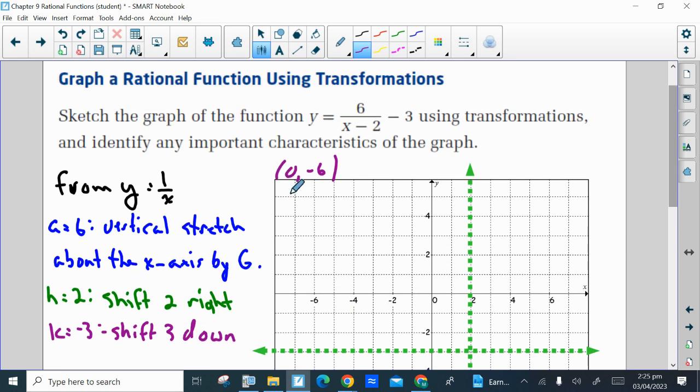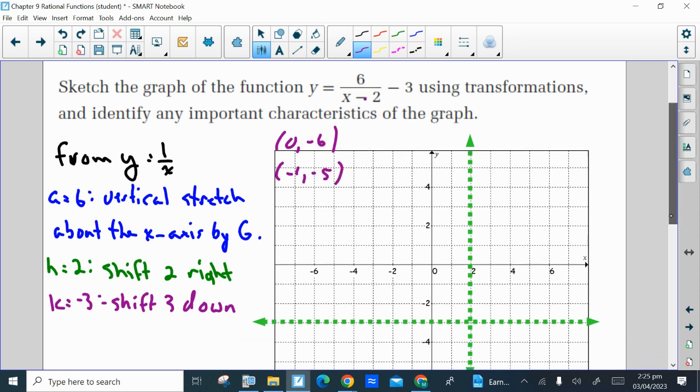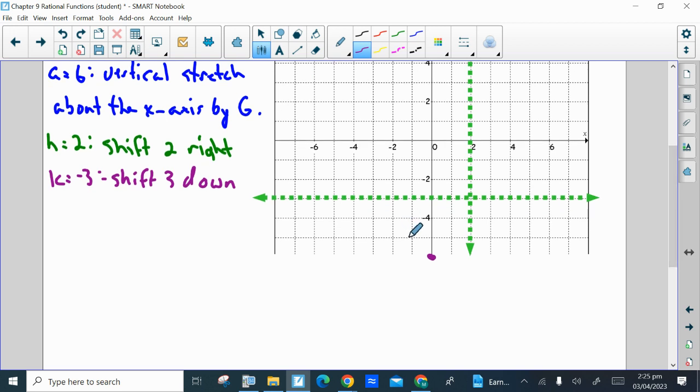Another point that works out nicely would be, say, negative 1, because negative 1 take away 2 is negative 3. 6 divided by negative 3 is negative 2. And negative 2 take away 3 is negative 5. So negative 1, negative 5 is on this graph.